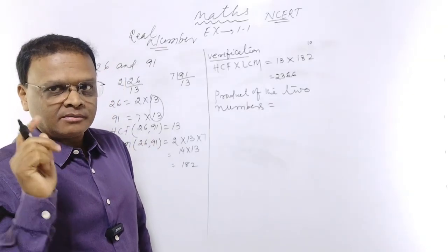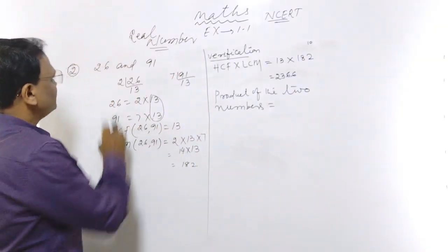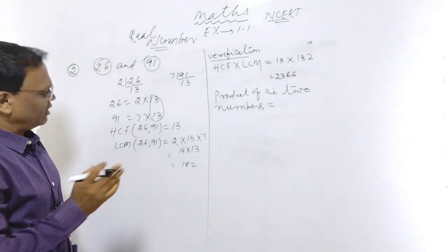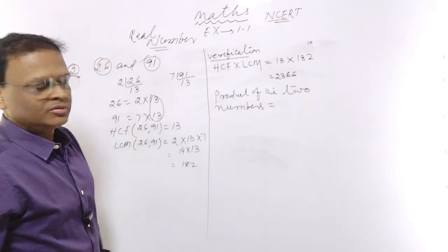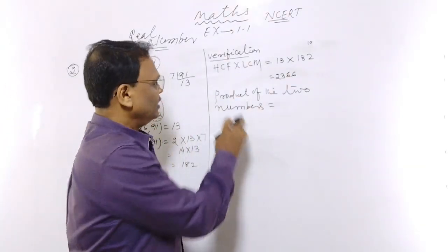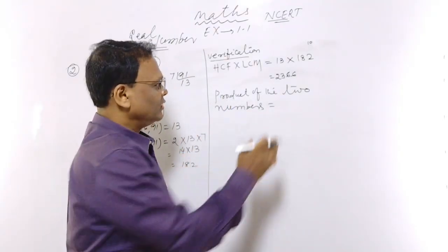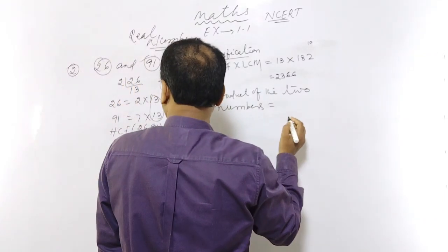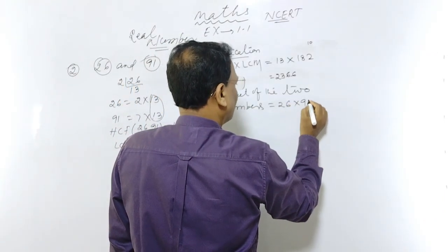Two numbers means the numbers that are given to you, and these two are called the given numbers. So I have to multiply those two numbers. The numbers are 26 into 91.